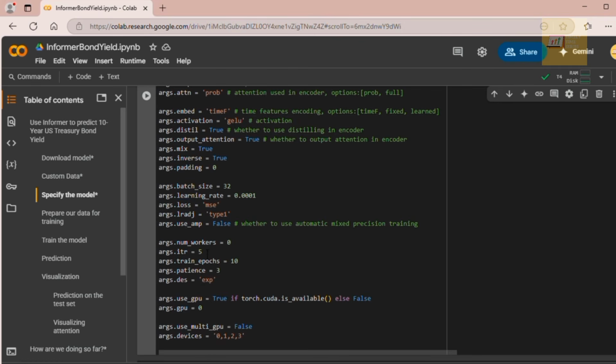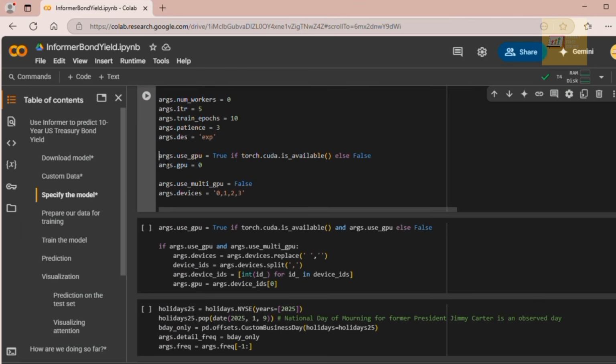And then for the rest of the parameters, what I want to point out is iteration and train epochs. First of all, the iteration is 1 by default, but I'm going to set it to 5 because I want to see whether this model is robust. And the train epochs is 6 by default, but I'm setting it to 10.